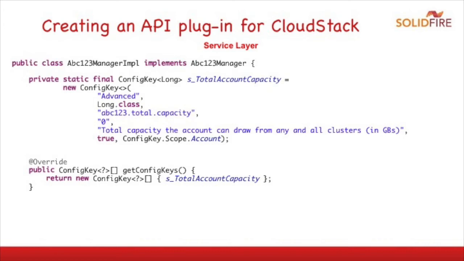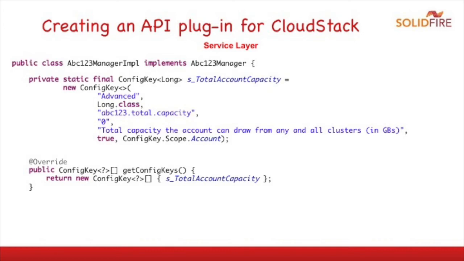And so you could just tell the root admin, go in and find the abc123.total.capacity field, fill it in for the accounts that you want to give access to this plugin so they have some number of bytes, and then they'll have the ability to go ahead and create volumes without immediately running out of space.